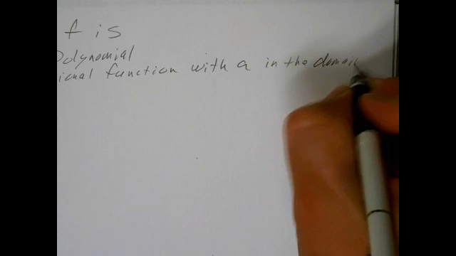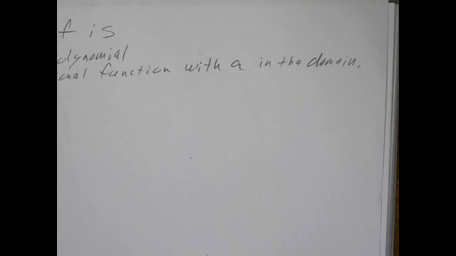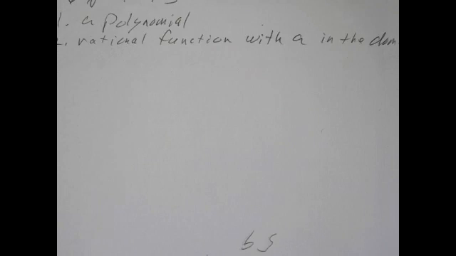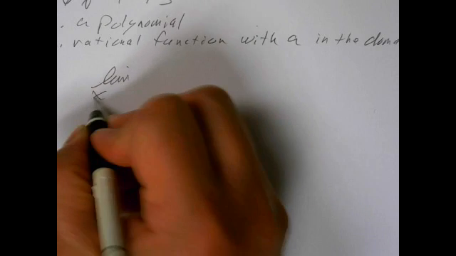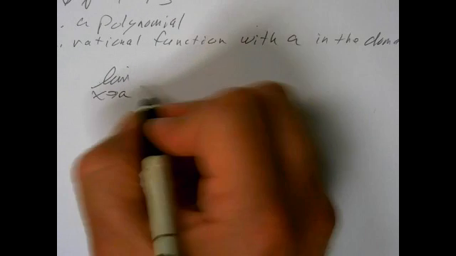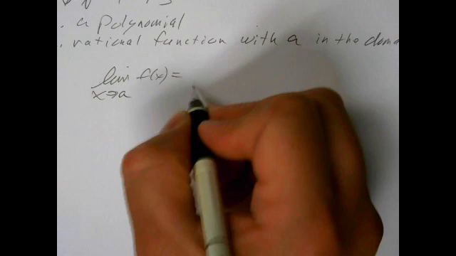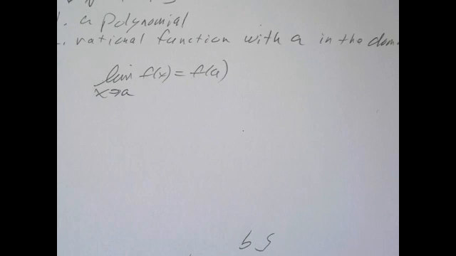All right, so with your rational functions, we have to make a domain statement. With your polynomials, we don't have to, because polynomials have for their domain all real, so no domain statement needed. So what this will tell us is that the limit as x approaches a of f of x would be f of a.